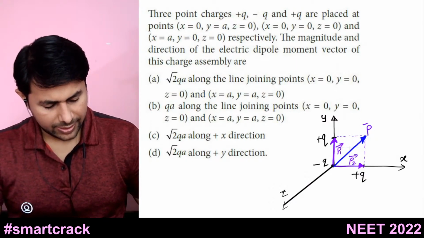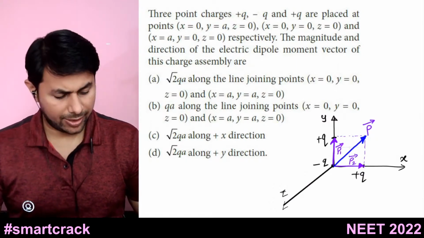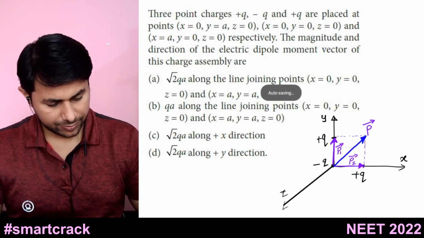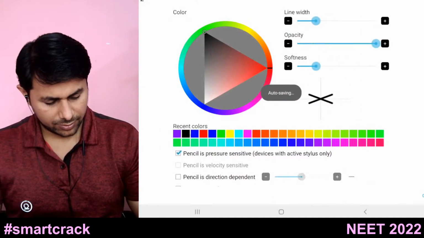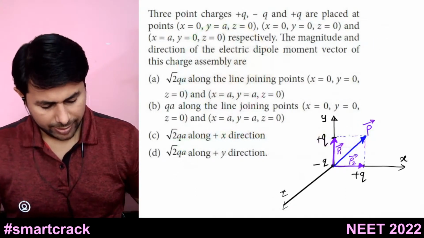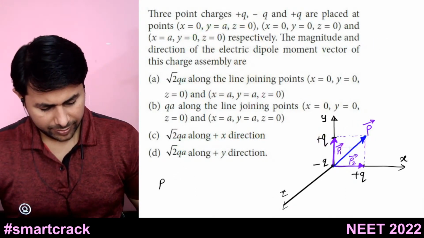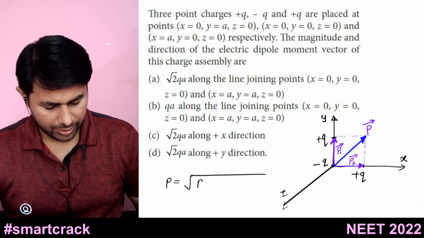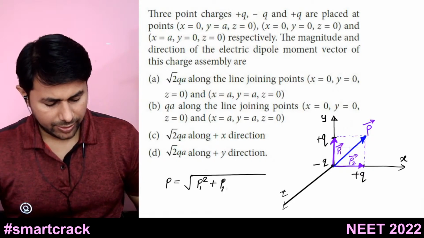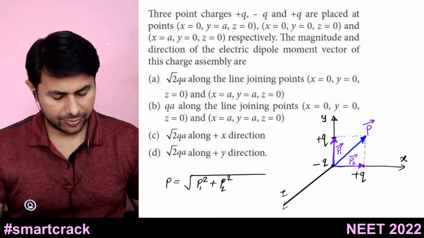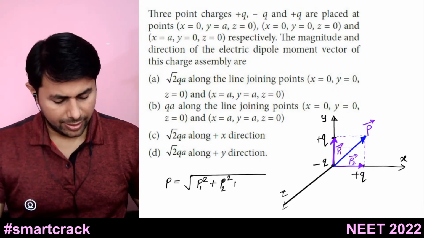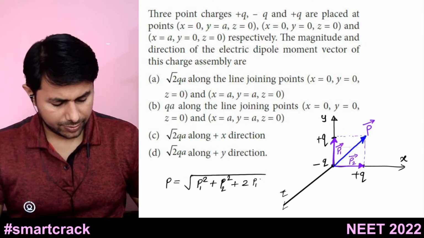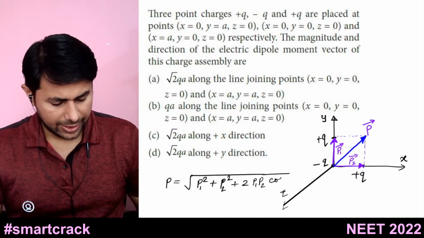So the P bar is the resultant of P1 bar and P2 bar. So the magnitude of P bar is P, equal to square root of P1 square plus P2 square, magnitude of first vector square plus magnitude of second vector square, plus 2 times P1 P2 into the cos of the angle between the two.